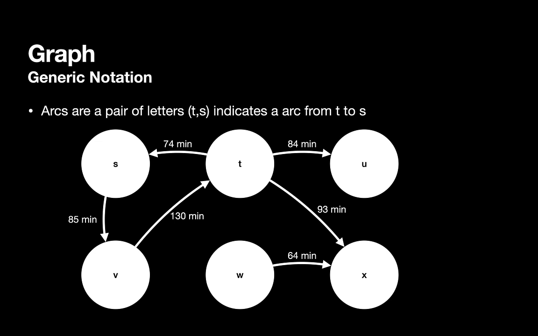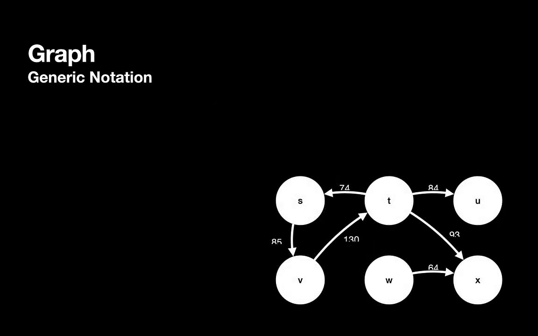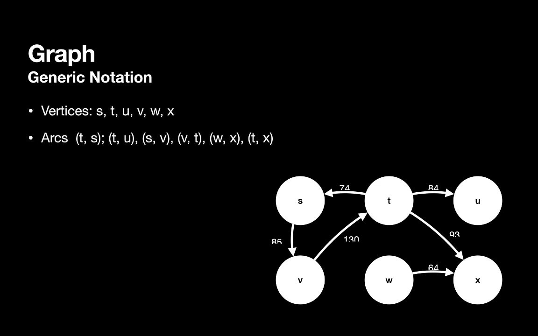So for instance, I've got this arc here that connects T to S. I could just describe this as a vector or a pair, T and S. Of course, we also have to keep track of the associated information, the 74 minutes that represents our weight. So my generic graph here could just be thought of in terms of vertices and the 6 different pairs of vertices that make up all of the arcs. And then, of course, for each of those pairs, I would also probably want to keep track of the weights for this weighted graph.